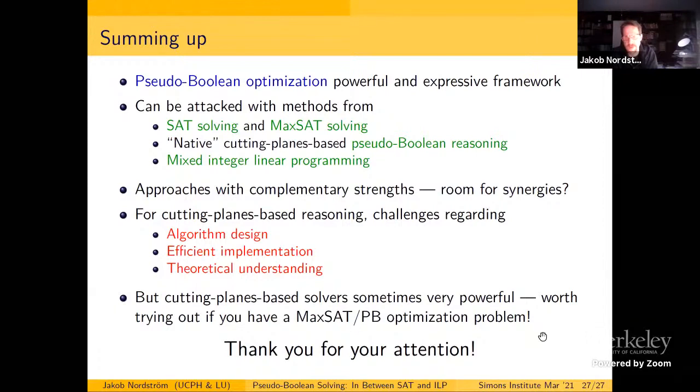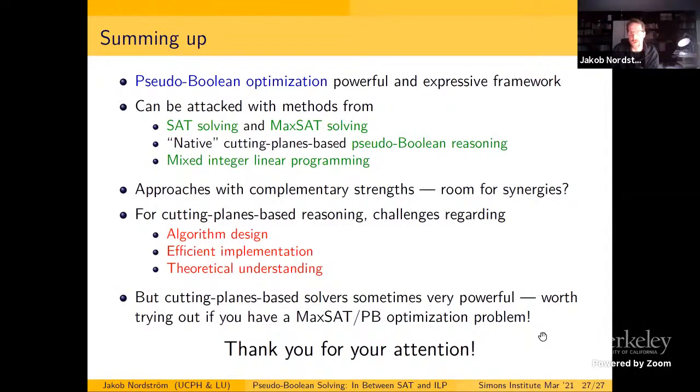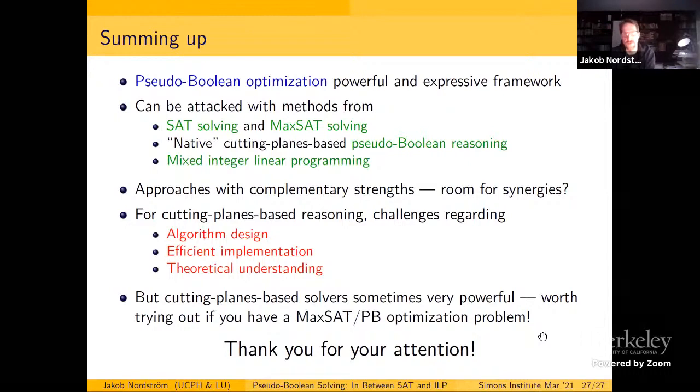What we have done is that the PB solver is clearly the master and the LP solver is the slave. You could turn this relationship around and let the conflict analysis be the slave. Yeah, this is definitely something that I'd like to do.